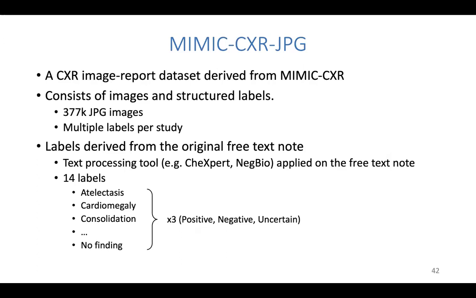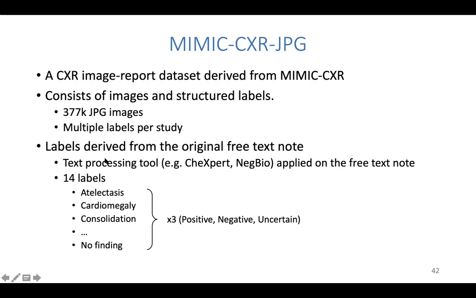And each study is associated with multiple labels. So it's a multi-label data set. How they came up with the multi-labels per study is they used text processing tools called CheXpert and NegBio. So labels are derived from the original free text notes.